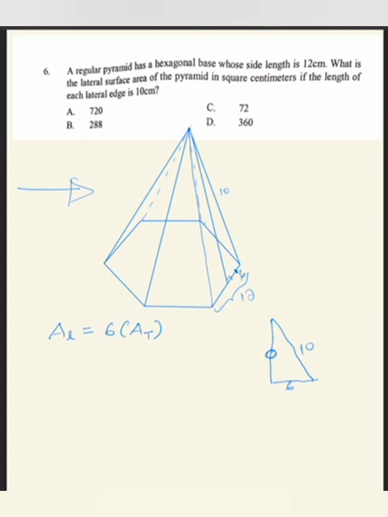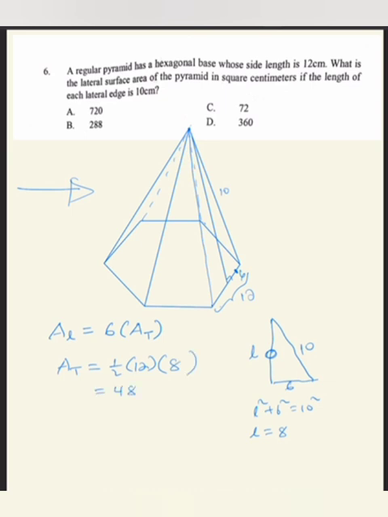Say L. Okay, using Pythagoras theorem, L square plus 6 square is 10 square. So L is 8. So the area of one face, the area of the triangle, is half of the base which is 12 times 8. This is 48.